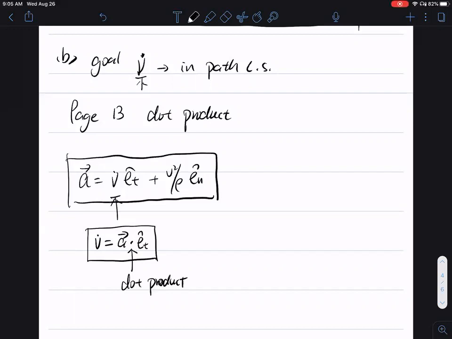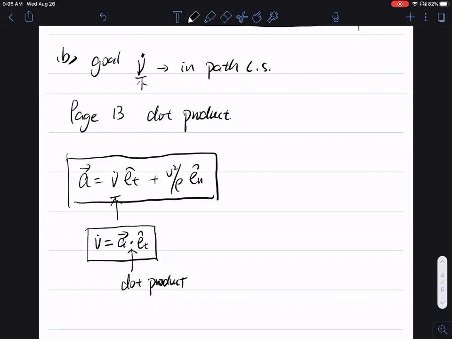This is the projection I'm talking about. Since V dot is only one component of this acceleration vector, we can take the dot product of the acceleration vector with that direction, e_t, to find the stuff in front of e_t, which is V dot, what we're looking for.